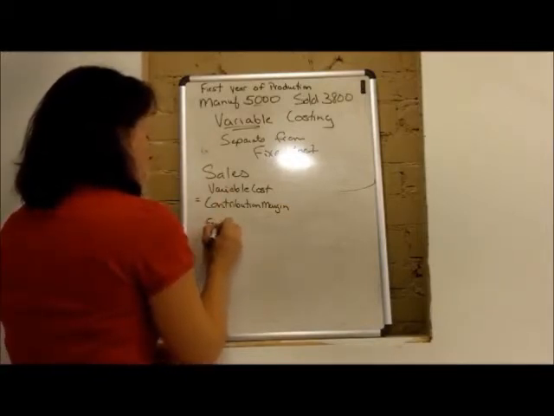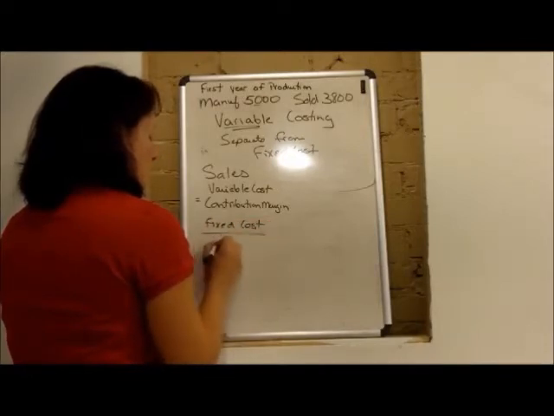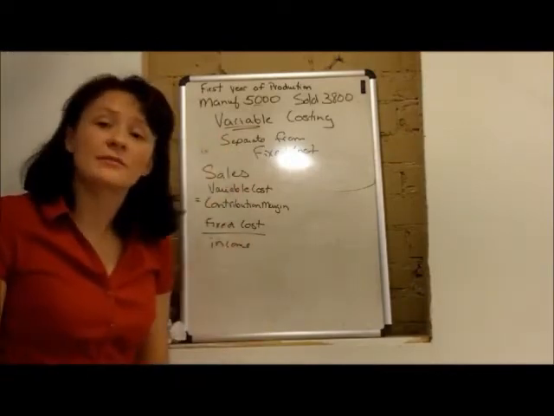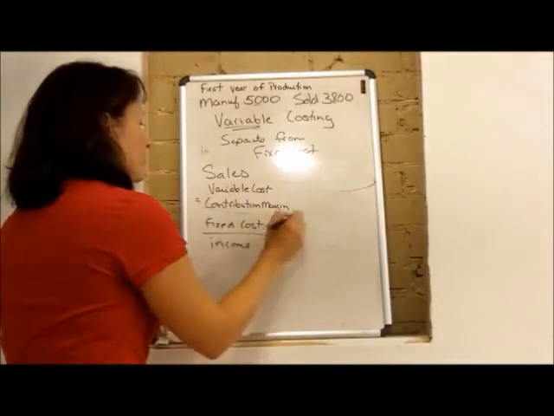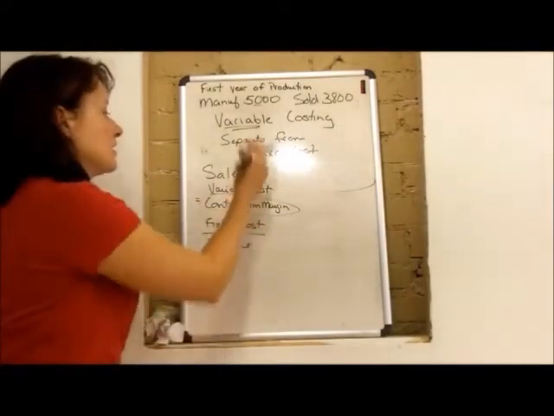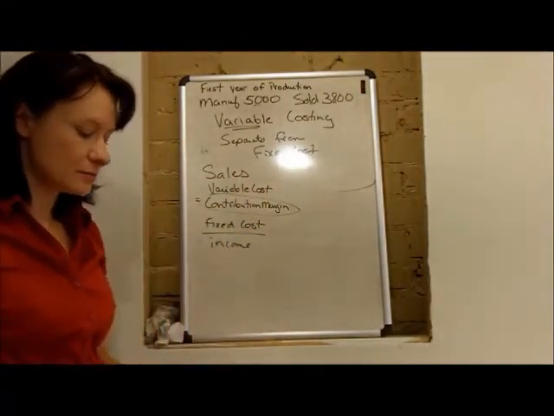Then we'll look at fixed cost to get income. The variable costing income statement is also known as the contribution margin income statement because we have the contribution margin there. It does not stop at contribution margin. It's just a major focus of the income statement.